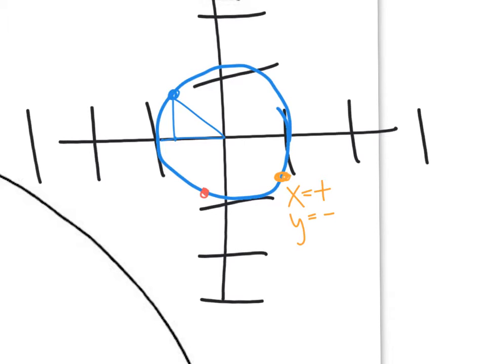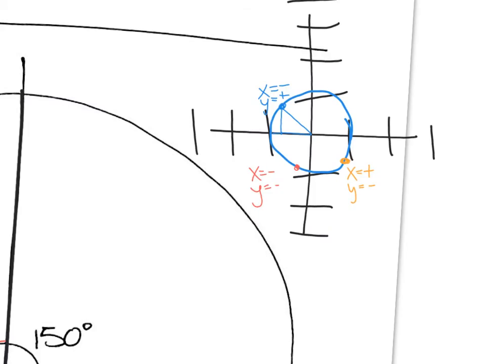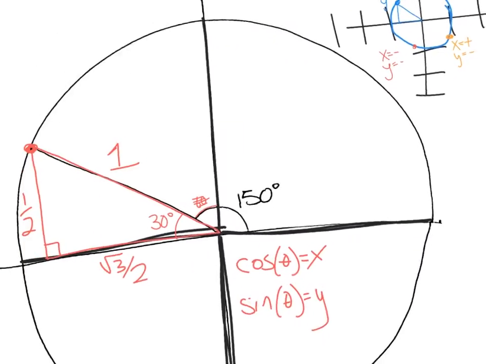In our red dot, we had the x-coordinate being negative and the y-coordinate being negative. And for our blue dot up here, the x-coordinate was negative and the y-coordinate was positive. So you have to take that into consideration when figuring out what the value of sine or cosine is.